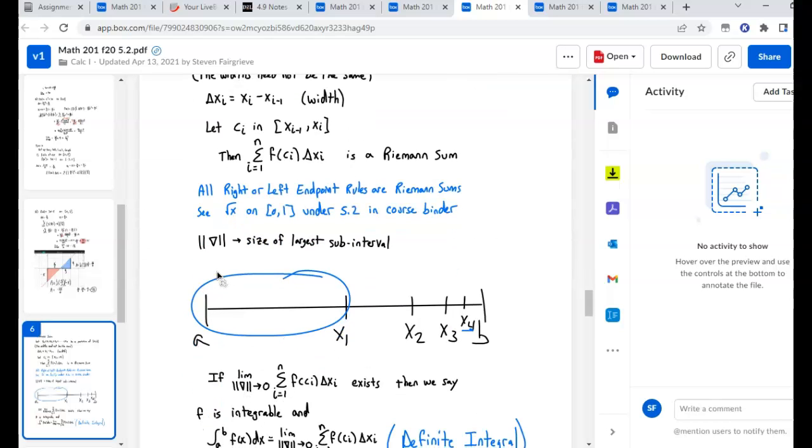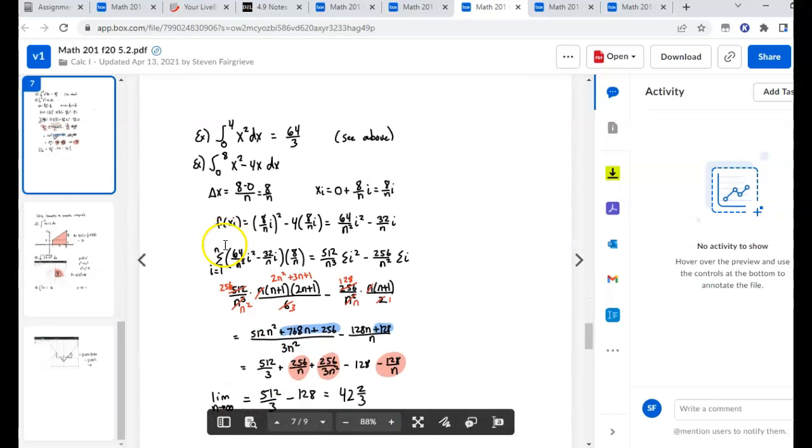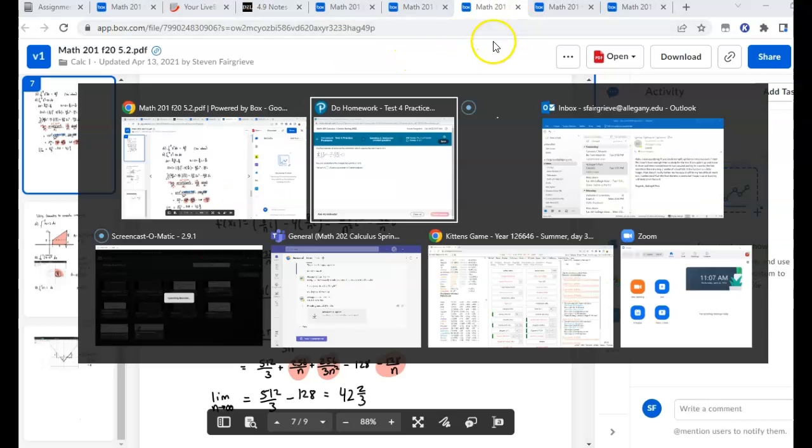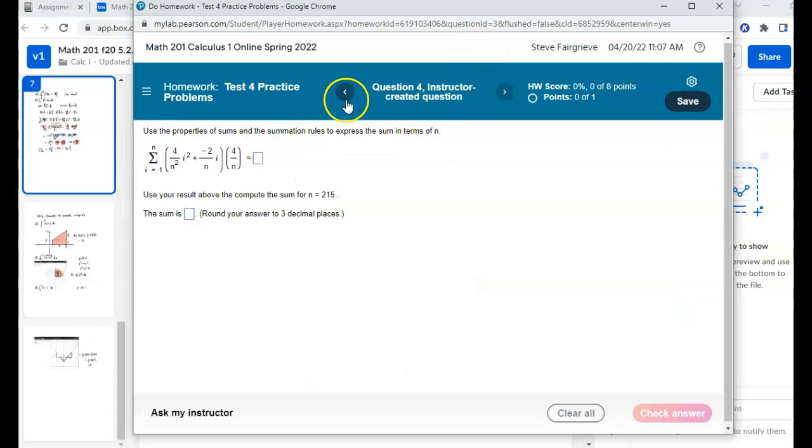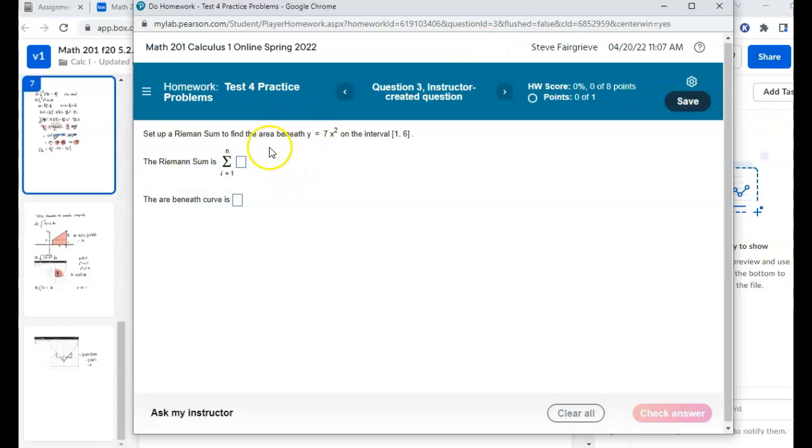We kind of defined the formal Riemann sum stuff. And so here's a problem where we're doing the integral by setting up the sum. If you go into the practice test, there's actually one there like that. Set up a sum to find the area beneath this function on the interval 1 to 6.